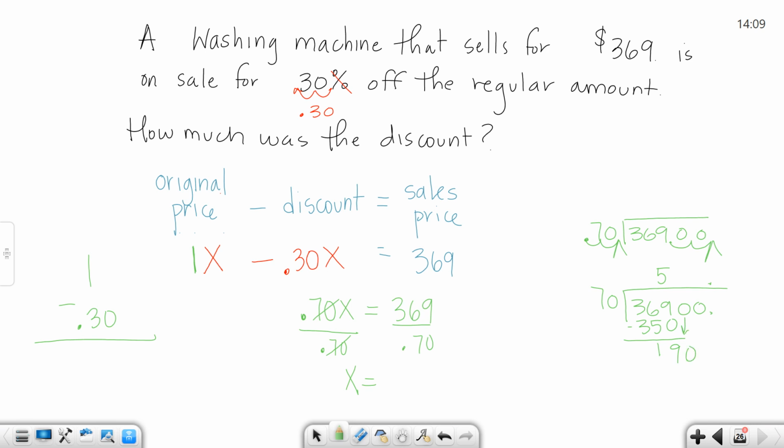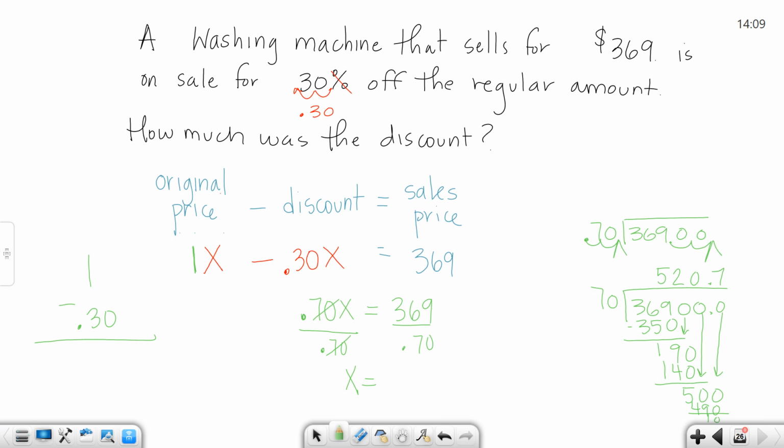Okay, 70 doesn't go into 19, but it'll go into 190, and it'll go 2 times. Okay, a 0 here. Bring down the 0. And 70 goes into this 7 times.